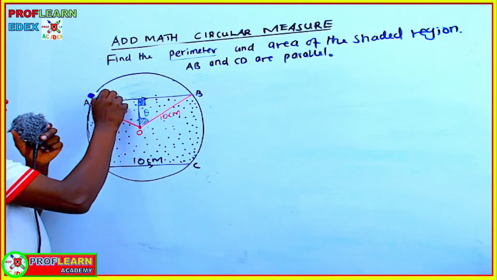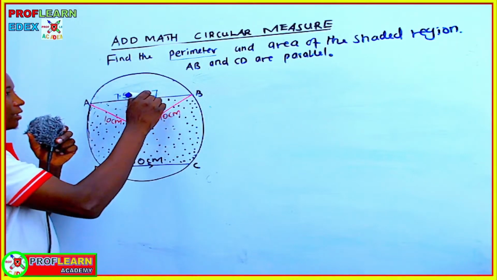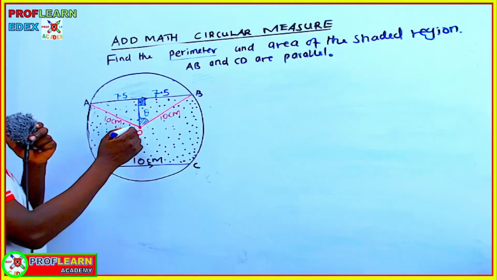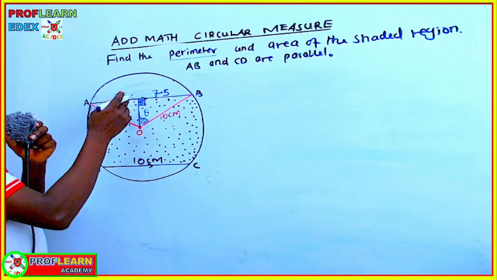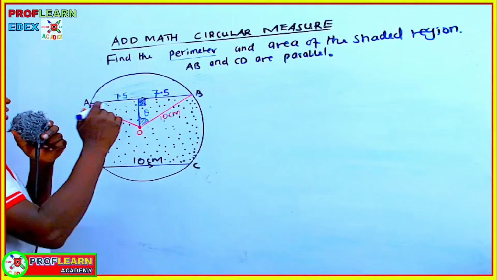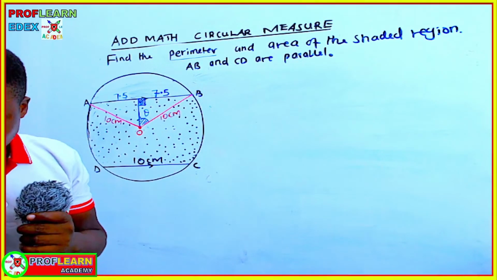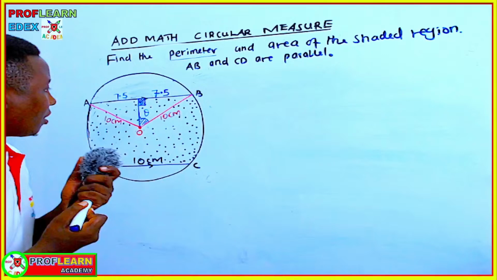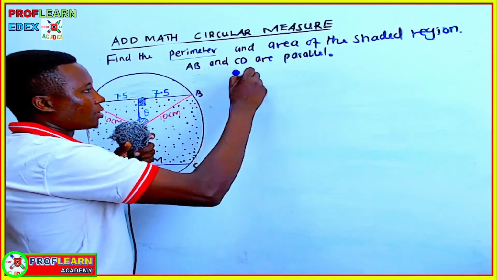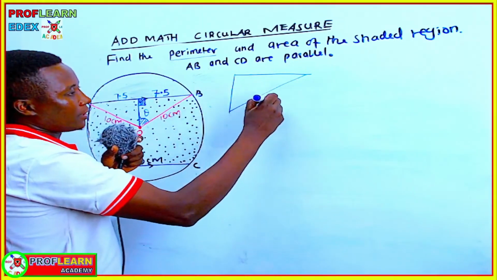This is going to be 7.5 and this is going to be 7.5 because a perpendicular line to the chord from the center of the circle is going to subdivide this chord AB into 2 equal halves. All right, so we're going to extract this right angle triangle here. This is 10 centimeters.